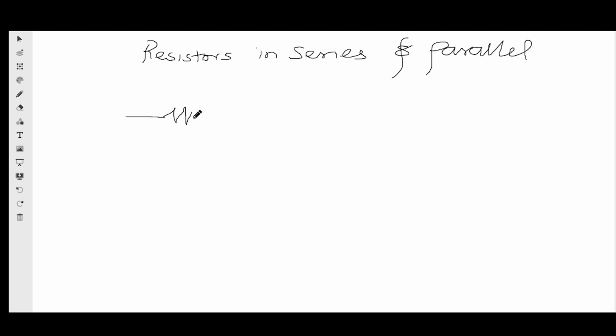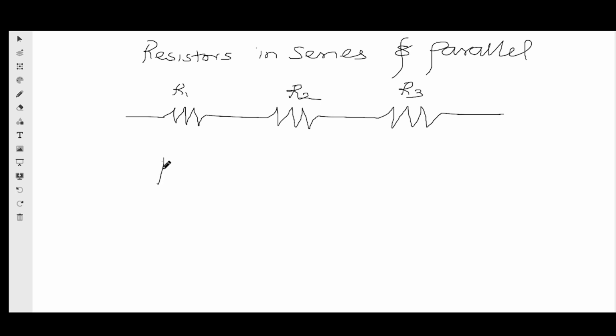So we have resistors R1, R2, and R3. So the total R is R1 plus R2 plus R3. So when I have resistors in series, I add them together.